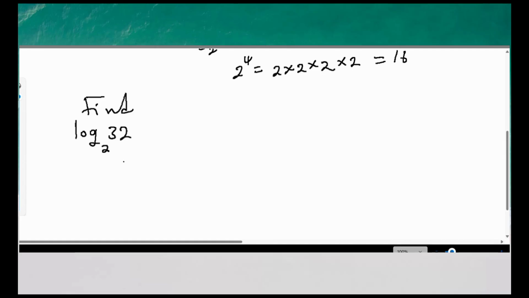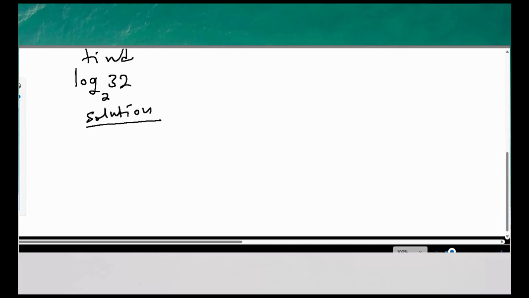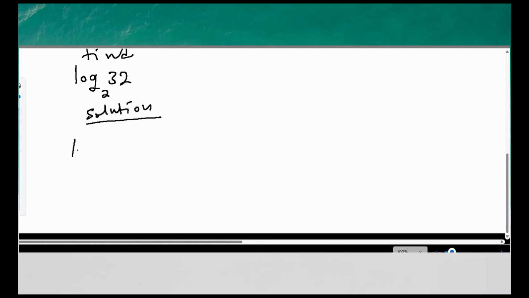Solution: we can let any variable be equal to log 32 base 2. We can let it be equal to any variable, for instance y. If that is the case, the definition says that 32 should be equal to the base 2 raised to the power of this result, y.